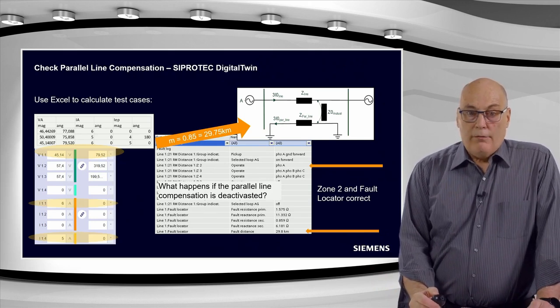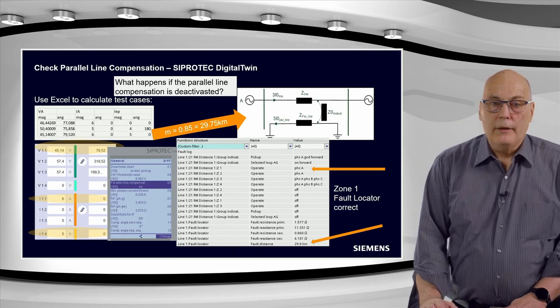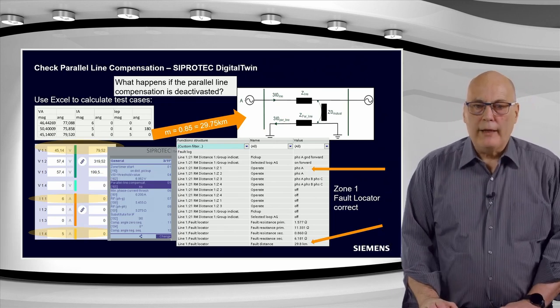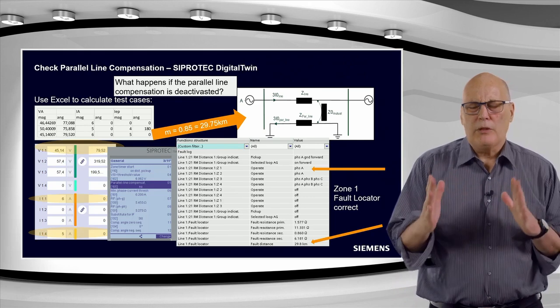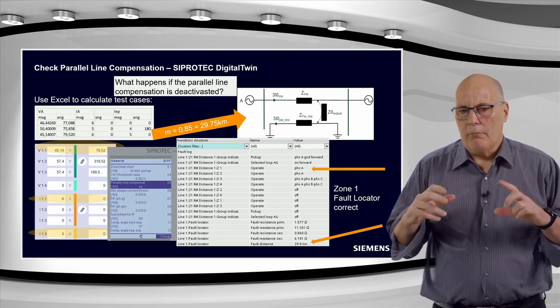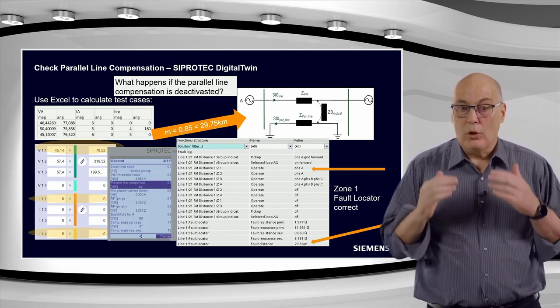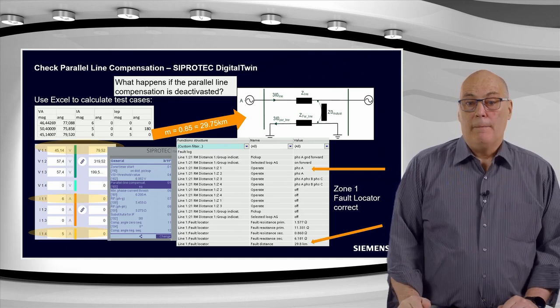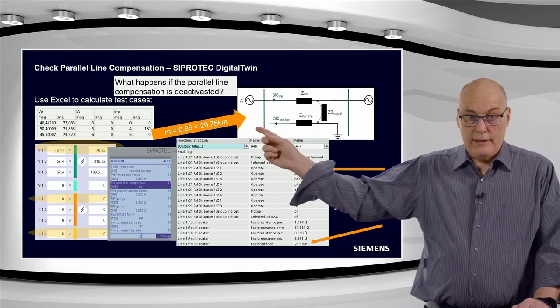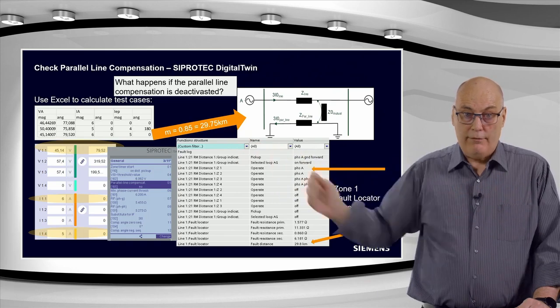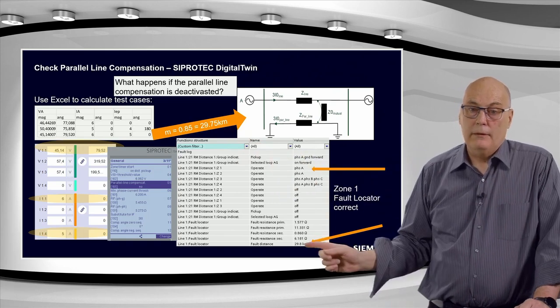What I then did as a final check quickly is to disable that. You can go into the settings, and in the settings you can switch off. Remember we saw the setting early on where I said apply mutual compensation yes or no for the distance protection. Didn't change it for the fault locator. So you can see I retested that test 3, the one at 85%, and you can see the result.